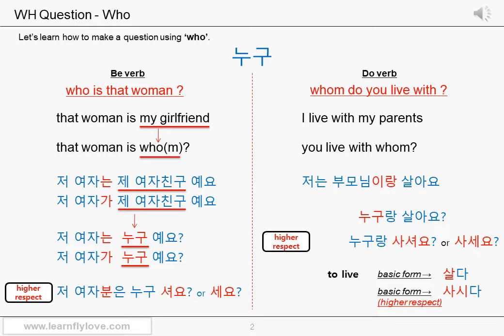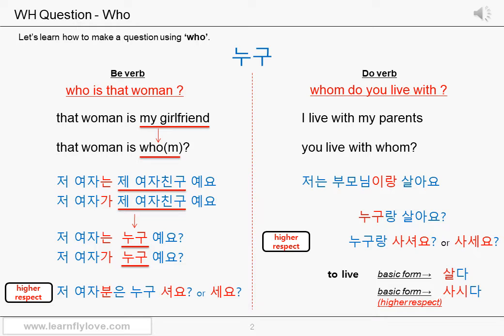It doesn't matter which one you use. 저는 with my parents. Parents is 부모님, 부모님. My parents, 제 부모님, or just 부모님 would be fine too.